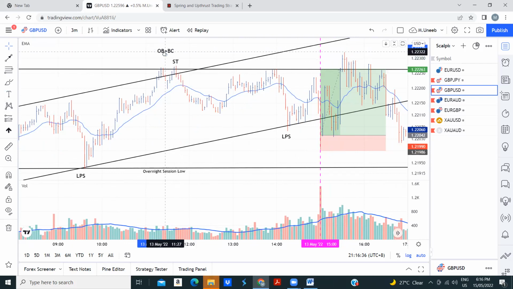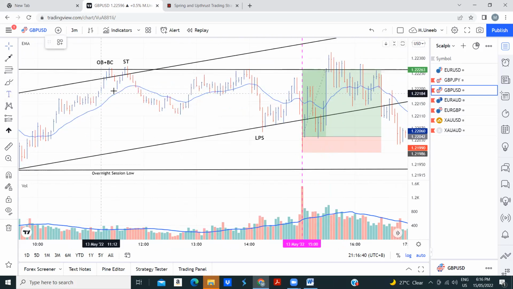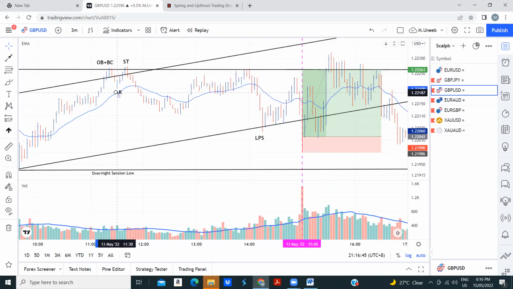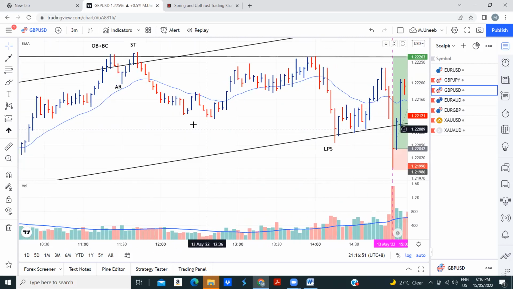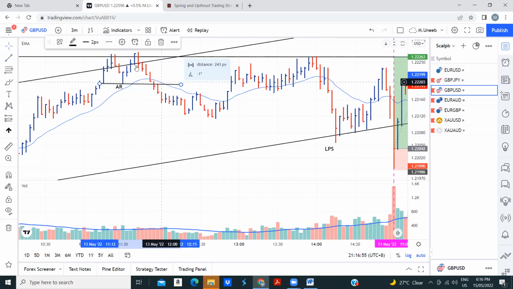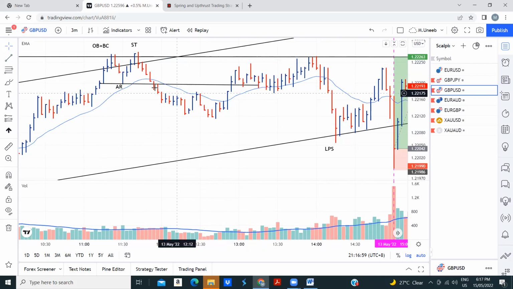Do you have any problem here so far? What is this? AR. I think AR. After this AR, the price just fell below. If you draw this small range here, what is this? Falling through ice, right?